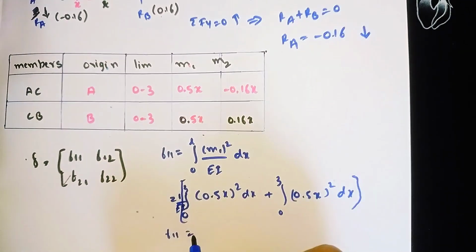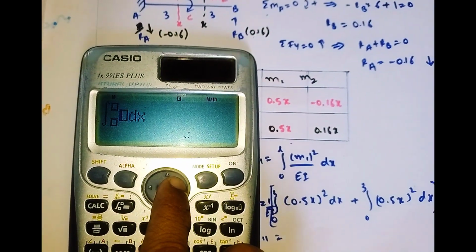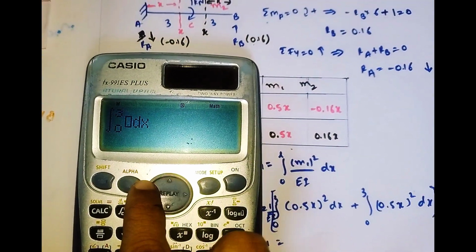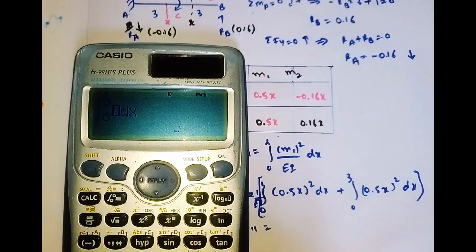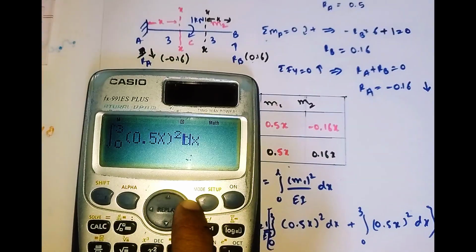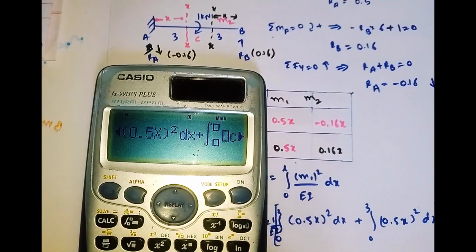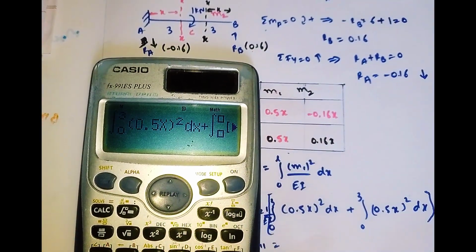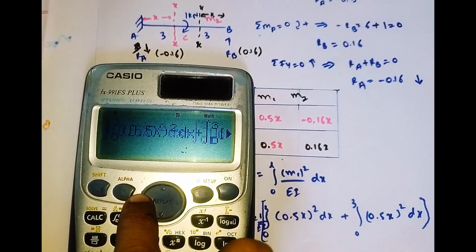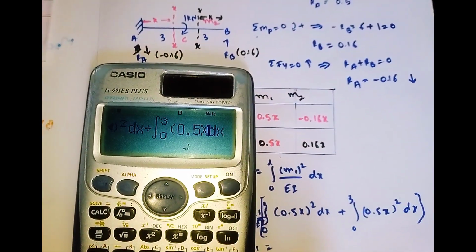F11 is equal to the integration with limit 0 to 3 of (0.5x) whole squared, plus the integration again with limit 0 to 3 of (0.5x) whole squared.